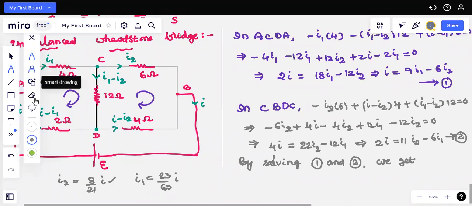It is finalized. Okay. And I1 is 23/63 I. Okay, good. So finally, we are concluding that I1 is 23/63 I, I2 is 8/21 I.